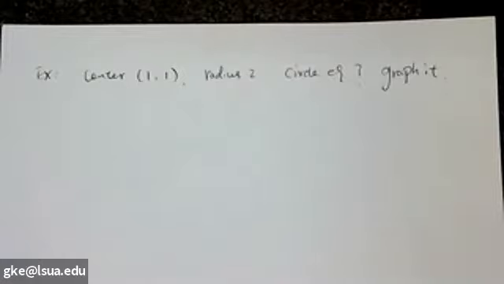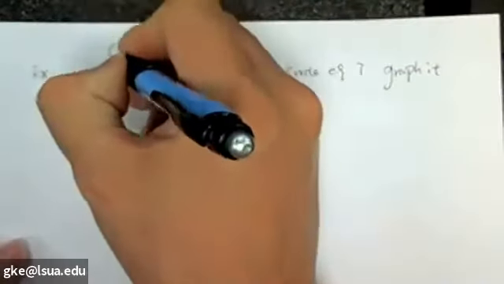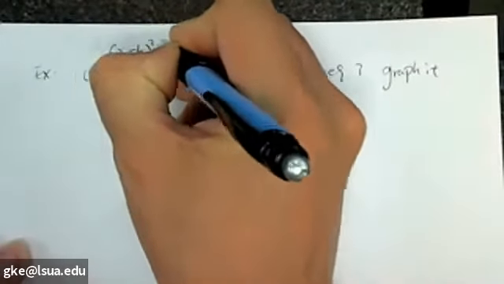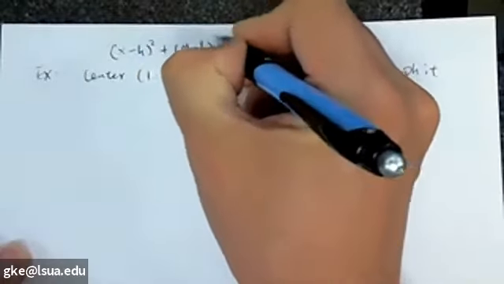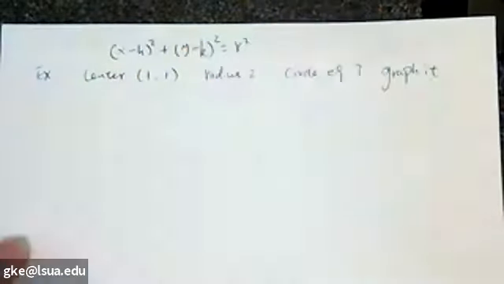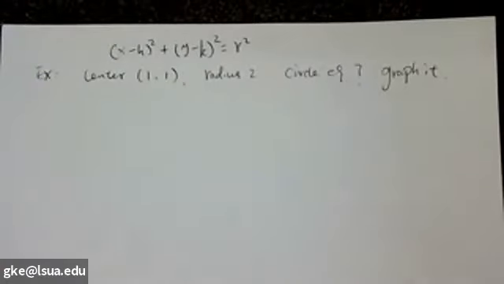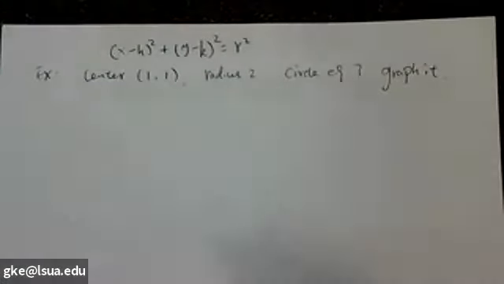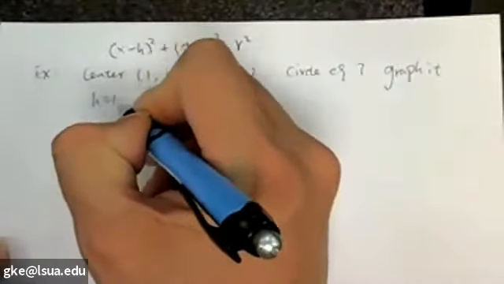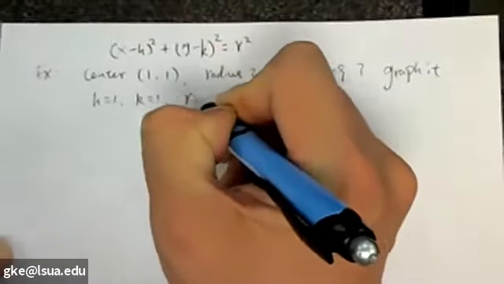Okay, I'm gonna write down the answer on the board. Take a look. So the idea is very simple. We try to plug in all these three parameters into this equation, right? H equals 1, K equals 1, radius is 2.